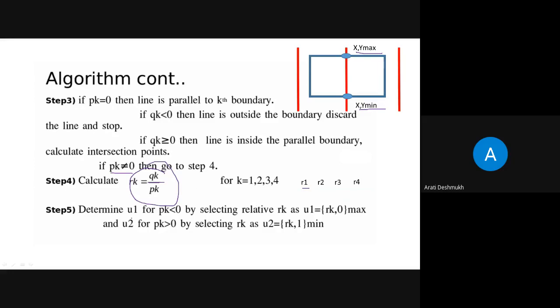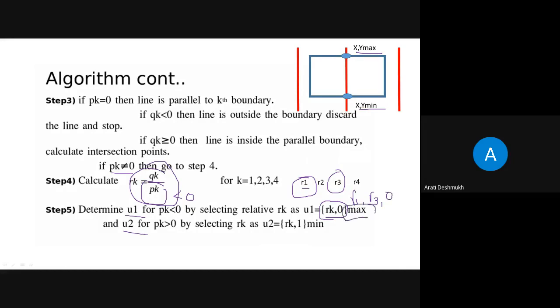So the next step is to determine u1 and u2. What are the values of u1 and u2? By taking the relevant rk as u1, we want to find out the maximum value. Where pk is less than 0, we use r1 and r3. So u1 is the maximum of r1, r3 and 0.